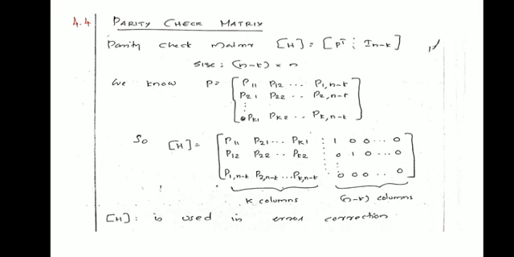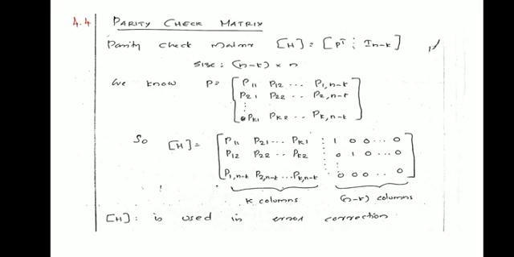Or if G is I_k followed by P, then the parity check matrix H should be P transpose followed by I_(n-k). So remember, if in G, P is the first term, then in H, P transpose should be the second term, and if in G, P is the second term, then in H, P transpose will be the first term. That you should remember.